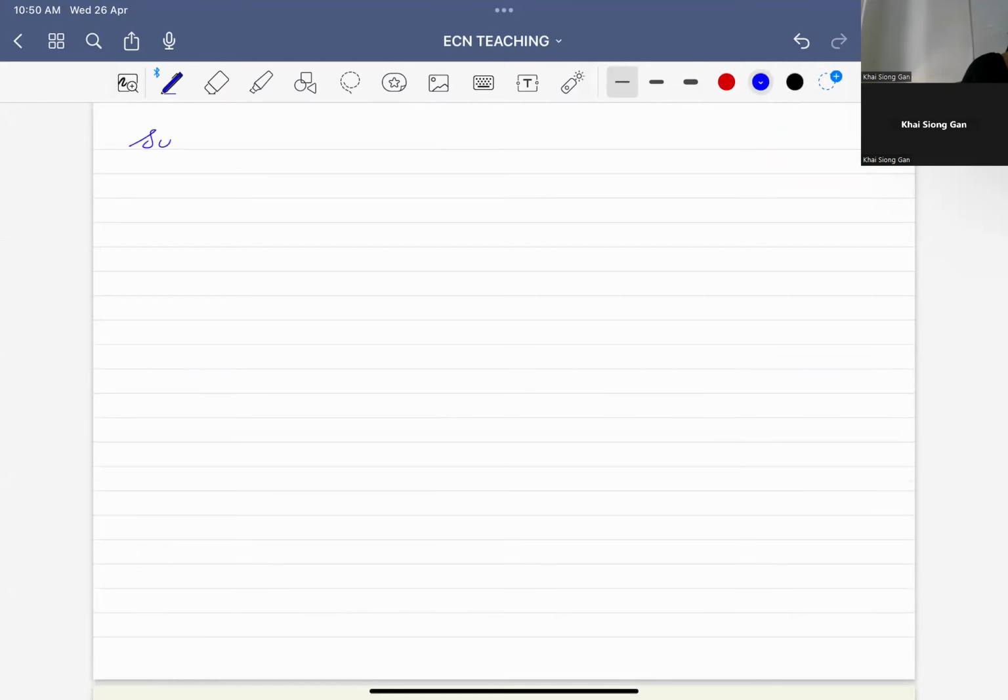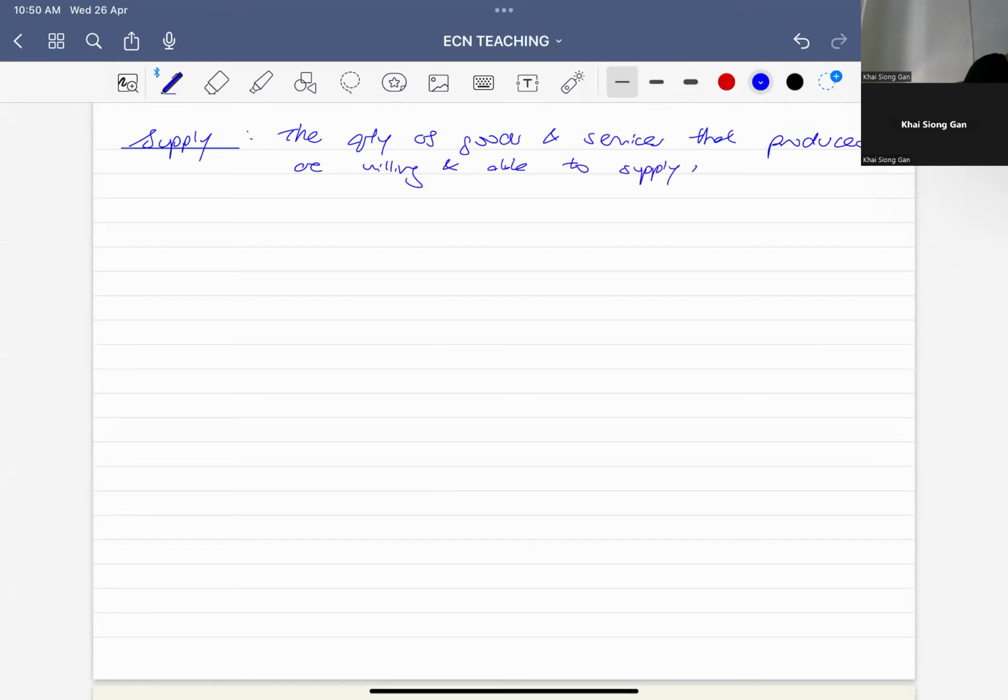So we talk about supply. The first thing you need to know is the definition. Supply means the quantity of goods and services that producers are willing and able to supply at different prices per period of time, ceteris paribus.